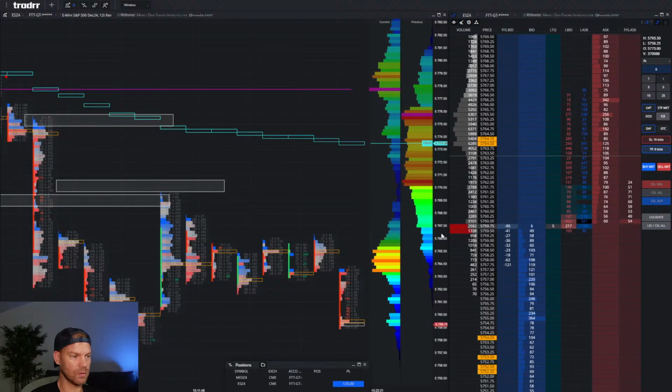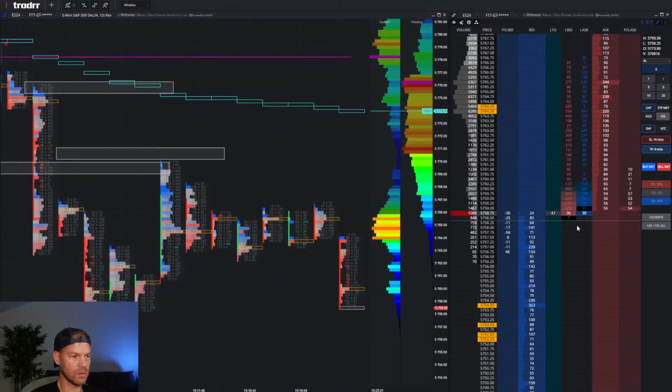There it is. Well, just talking about it, might as well make new lows. There it is. Yeah, without me again. NQ made new lows already.